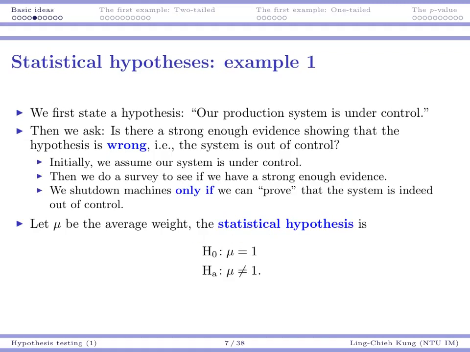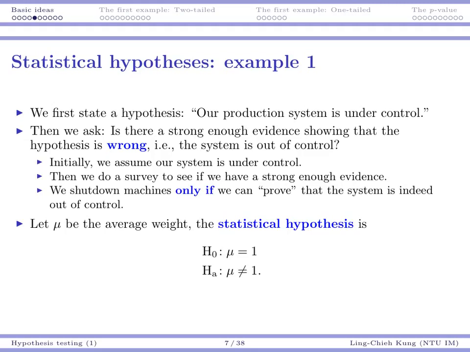Then the statistical hypothesis is written in this way. We always write down H0 and H1, or HA, and we put them together. In this example, suppose mu is the average weight. Then our default hypothesis, the null hypothesis, is that the system is under control: mu is 1 kilogram. HA is the other way: mu is not 1.